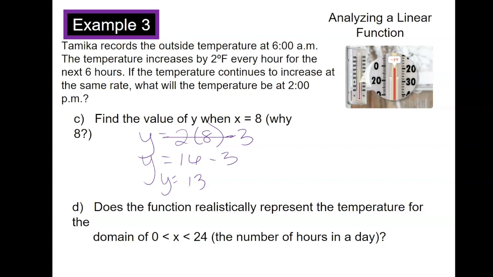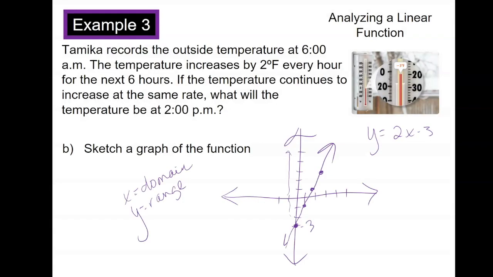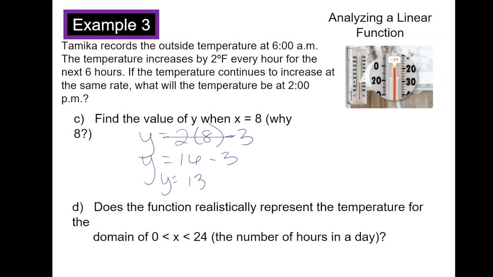Let's think about, if you're thinking about why we're using 8, if we go back, this continues to grow for the next 6 hours at the same rate.